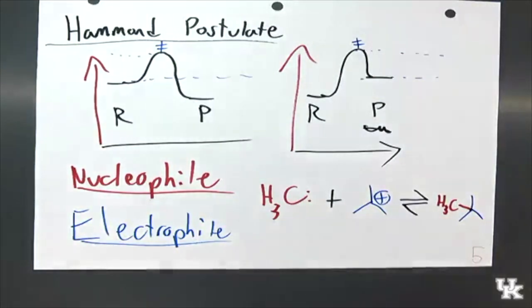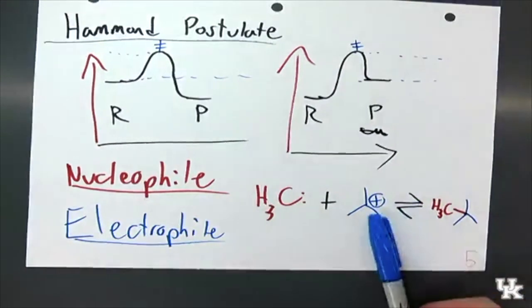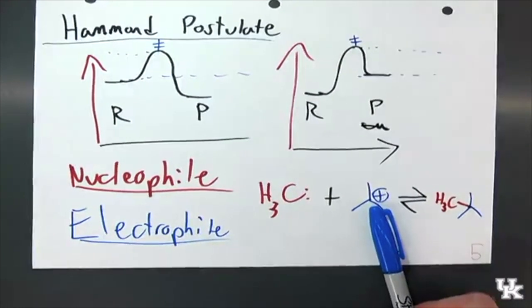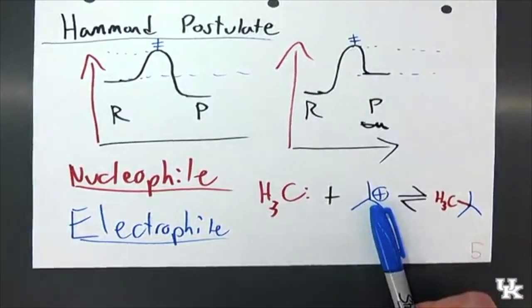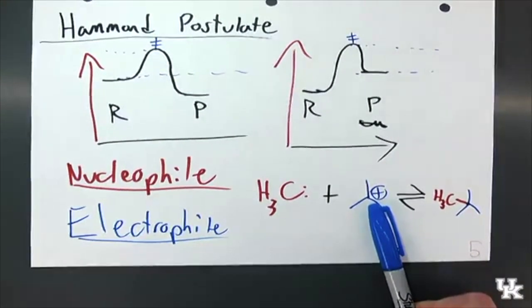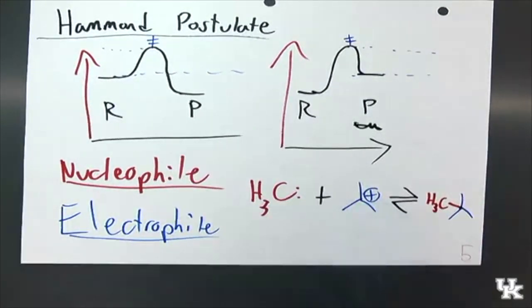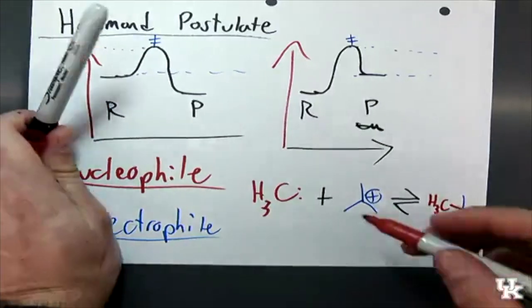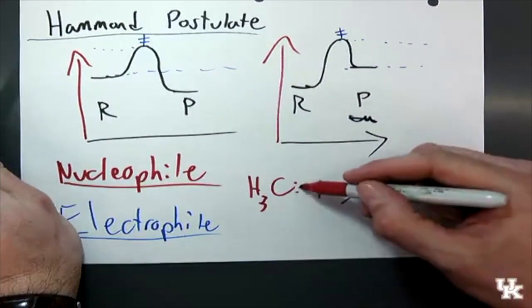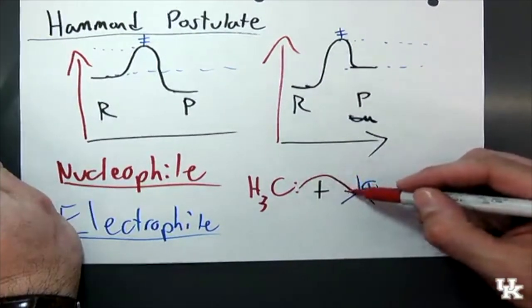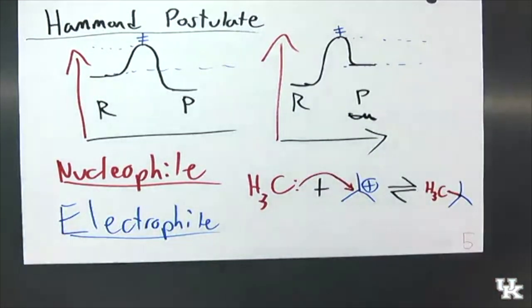If you remember, maybe if you don't remember, a carbocation, as I have drawn here, is just a fully positive charge on a carbon, a cation. So we call it a carbocation. And this reaction happens just like that.